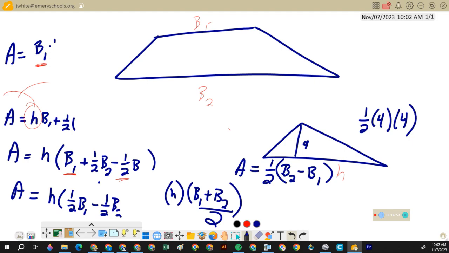Well, instead of building my rectangle clear over here, what if I built my rectangle right there and right there? Okay. Then I can take this triangle, cut it off, flip it up, and stick it in here. And then I can take this triangle, cut it off, flip it up, and stick it in there, and I end up with this rectangle.